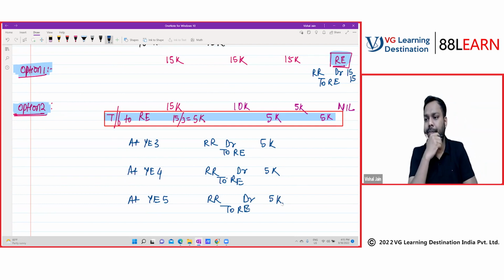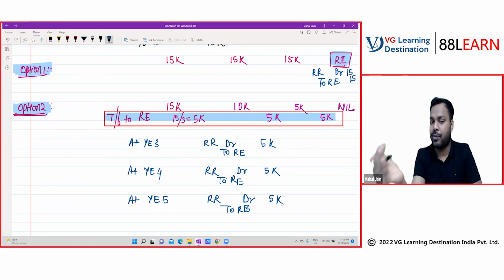Is it clear? Sahil, is it clear to you now? Option number 1 is at the time of disposal. Option number 2 is every year you will transfer. I hope it is clear, everyone.